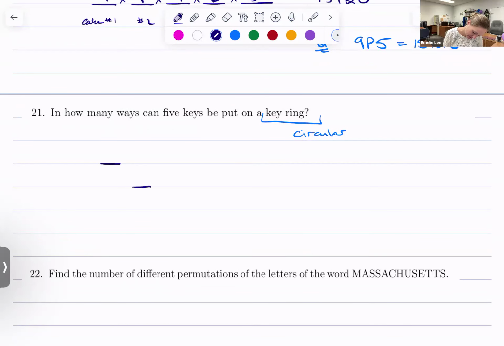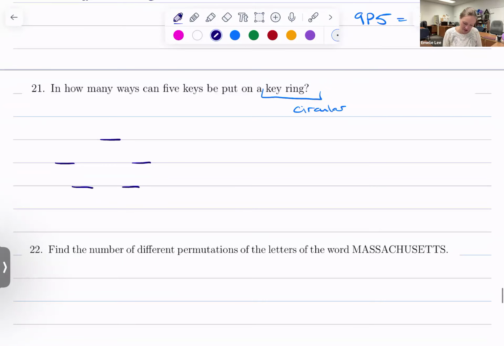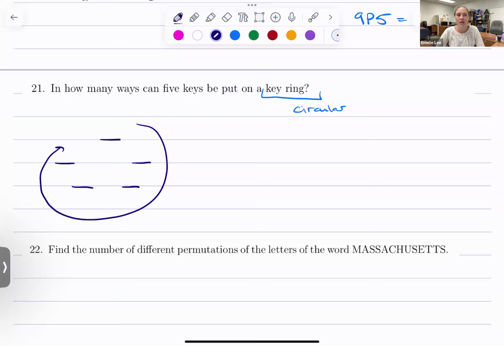1, 2, 3, 4, 5 in a circle here. So we're going to move around this way. I guess I could go all the way around. To create this circle, the trick is to force this to be just pick one.